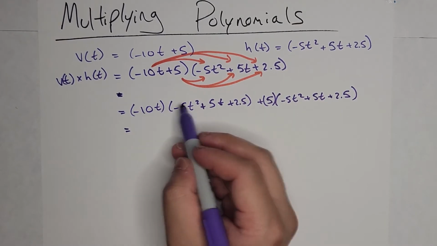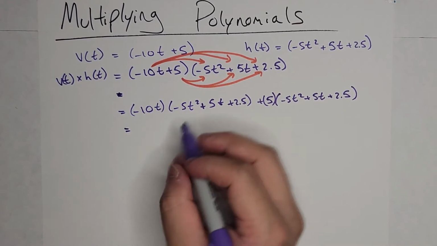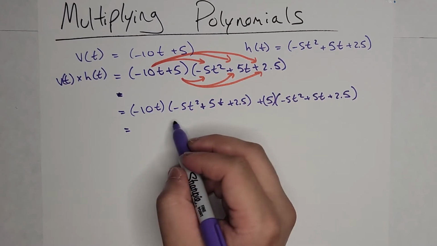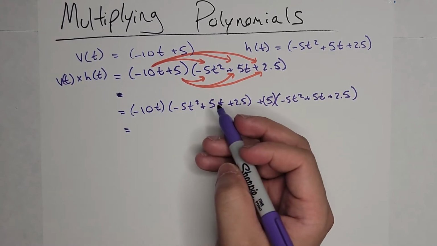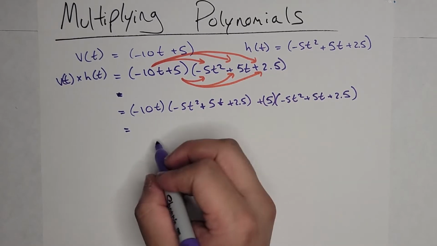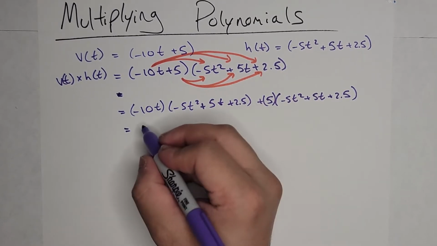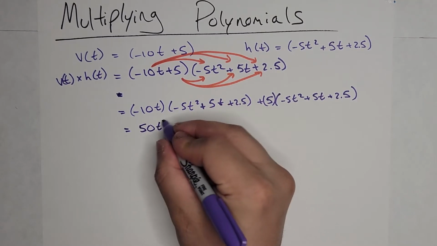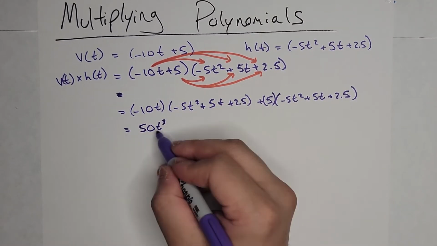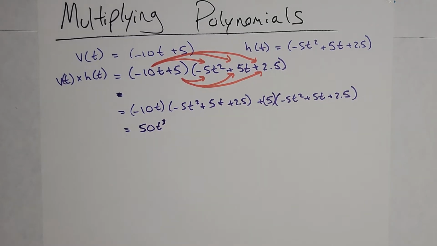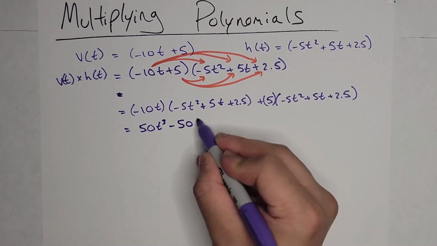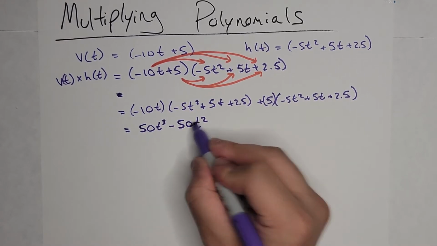So let's do these ones here. -10t into -5t squared. That's going to give me a positive number. T times t squared gives me t cubed. And then if I do that with that one, I should get -50t squared.